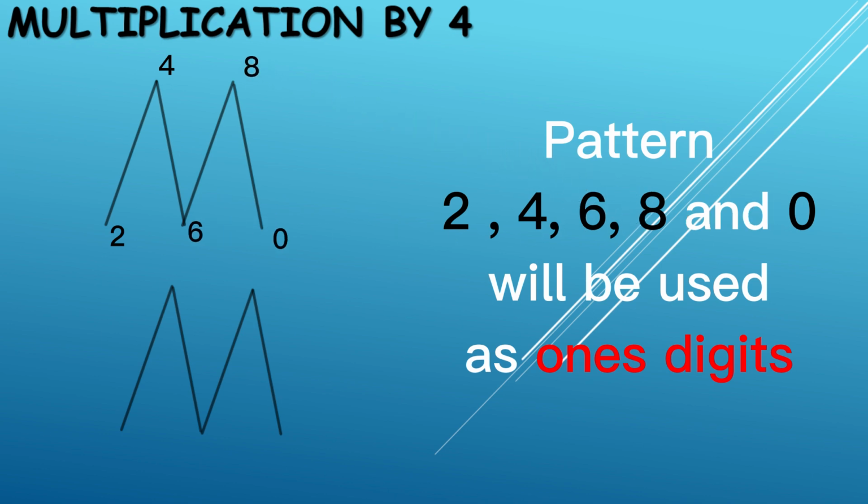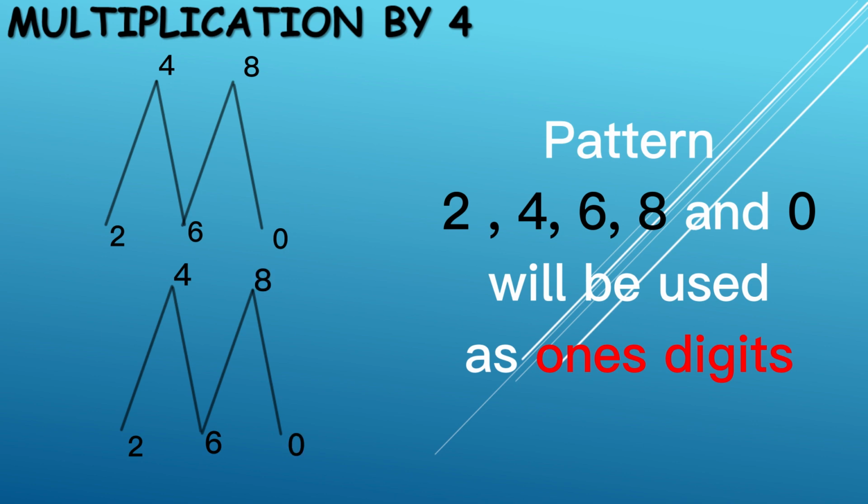So we are done with the first M. We've written the ones digit for the first M. Now we are going to write the same ones digit for the second M. So now let's go. 2, 4, 6, 8, 0.